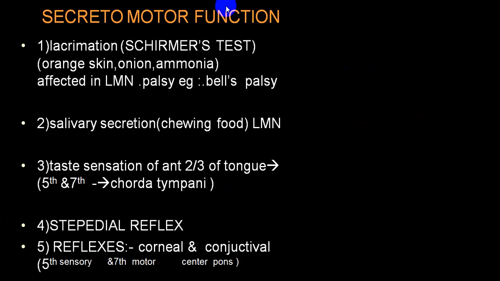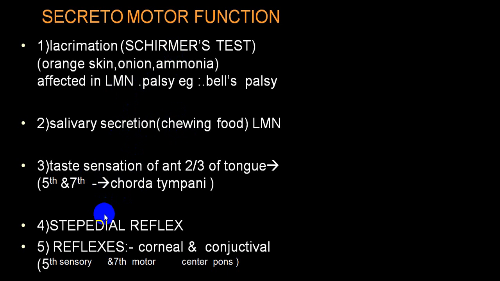So for the secretomotor function of the lacrimal gland, there is one test named Schirmer's test where you expose the person to orange skin or onion or ammonia and look for the lacrimation. It will be affected in lower motor neuron palsy. While chewing the food, you can look for the salivary secretions and the taste sensation of the anterior two-thirds of the tongue.